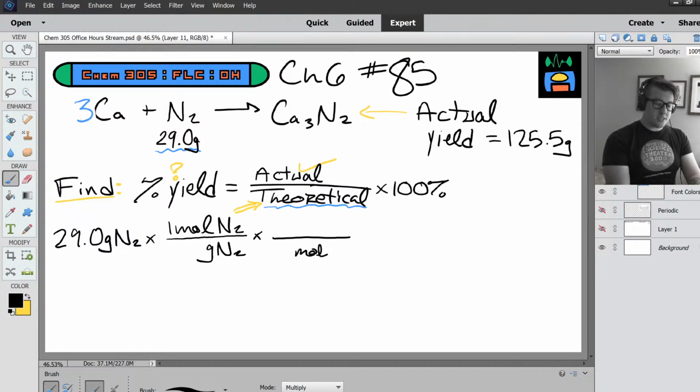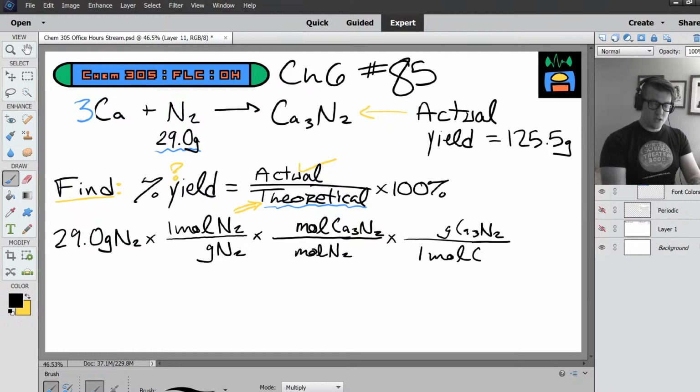This will allow us to convert from moles of nitrogen to moles of calcium nitride. And then for the first time we multiply by the molecular weight of calcium nitride, and this will give us our theoretical yield. So this right here is our theoretical.